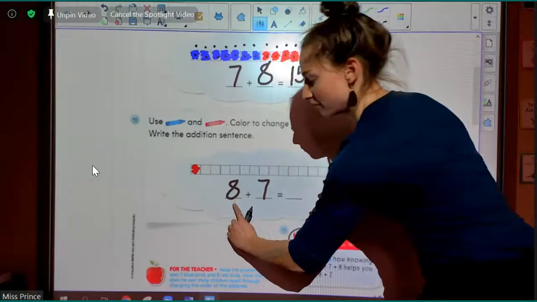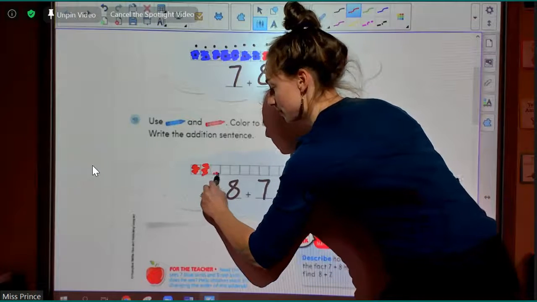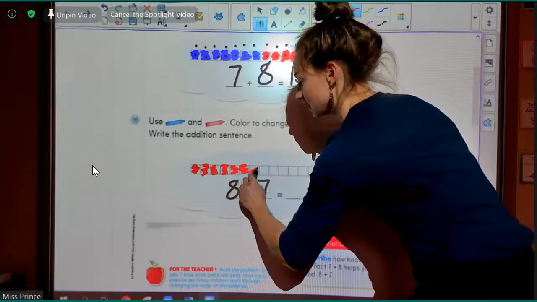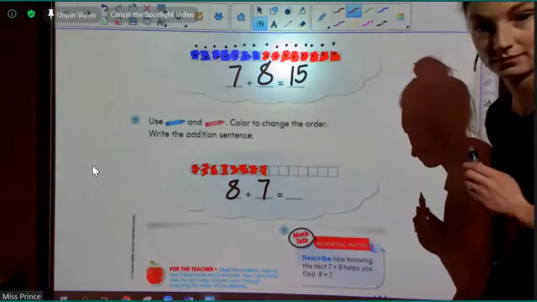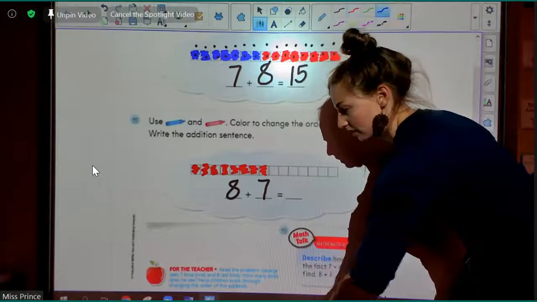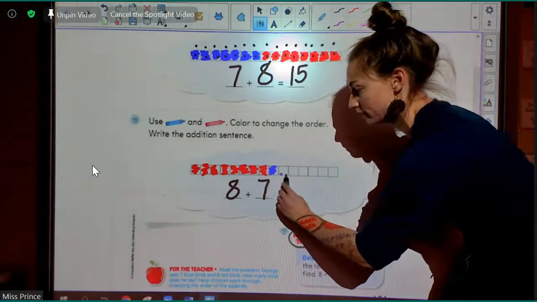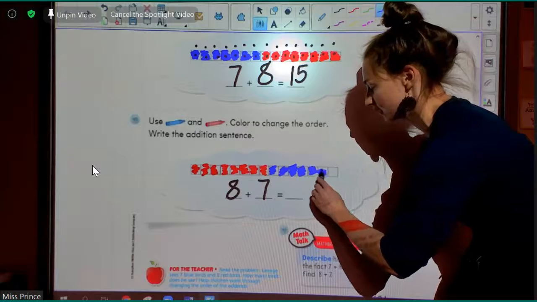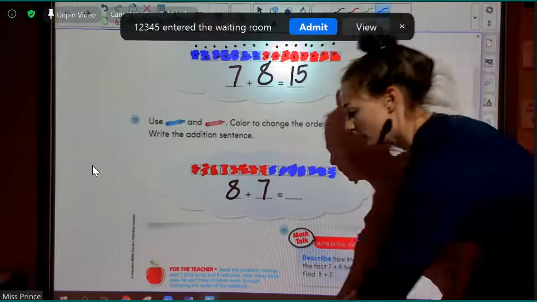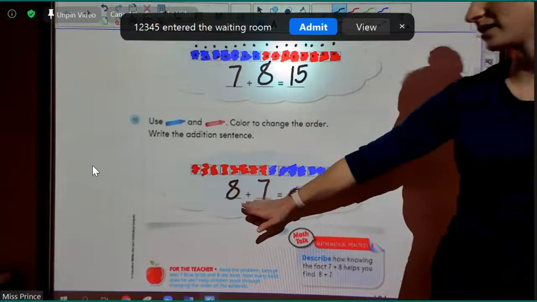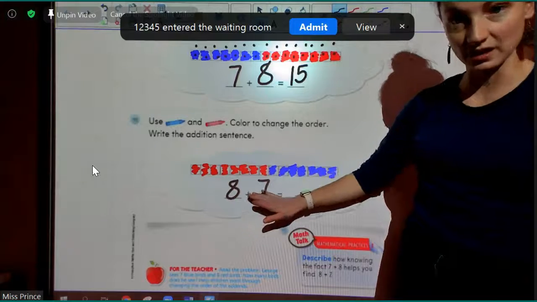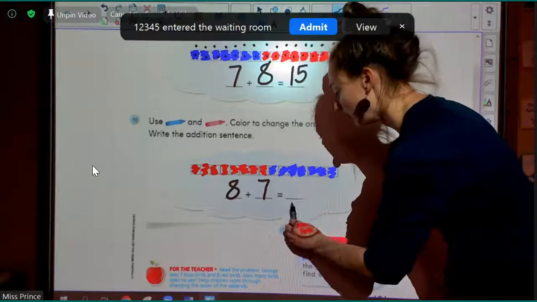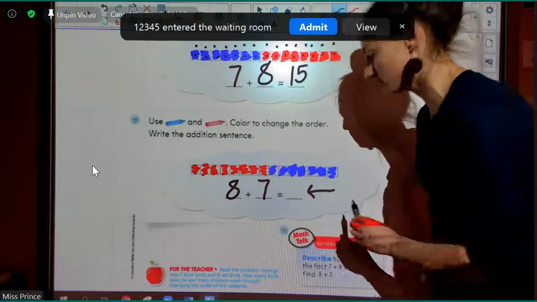Make sure we're doing 8 red. 1, 2, 3, 4, 5, 6, 7, 8 red, because our 8 is first, and 7 blue. 1, 2, 3, 4, 5, 6, 7 blue. Okay. I still have an 8 and a 7 here, and an 8 and a 7 here. So, Jose, what is my answer going to be right here?